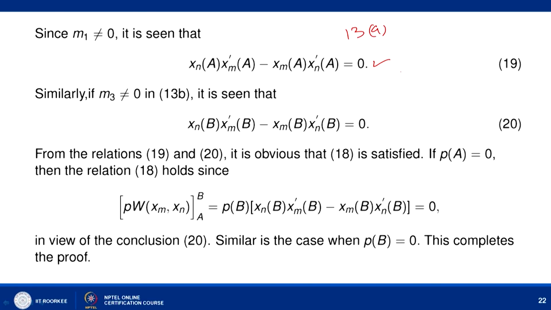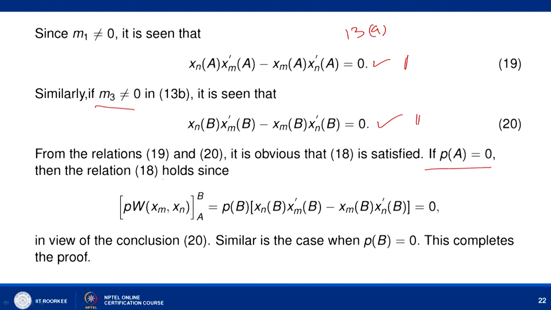Similarly, using 13b, let us assume that m3 is not equal to 0, then in a similar manner we can prove that xn(b) xm dash(b) minus xm(b) xn dash(b) is equal to 0. We can easily see that if p(a) equals 0, then this 19 is not useful, and if p(b) equals 0, then this is not useful.